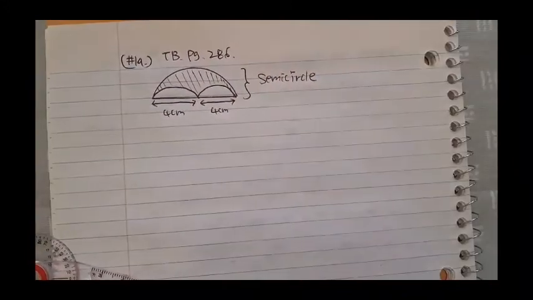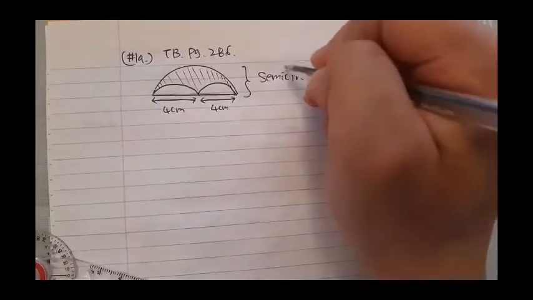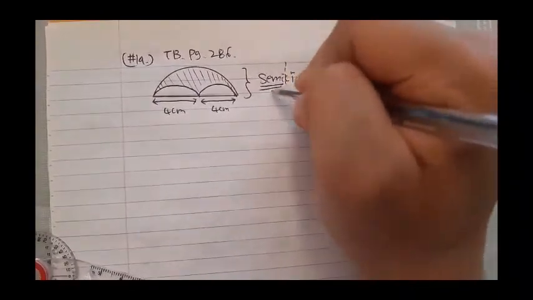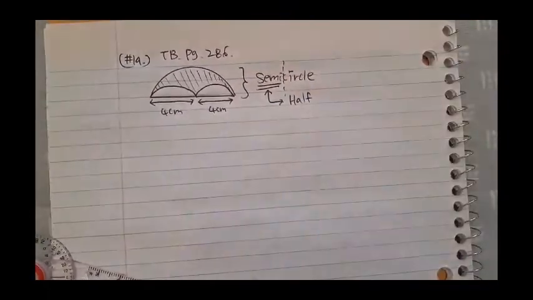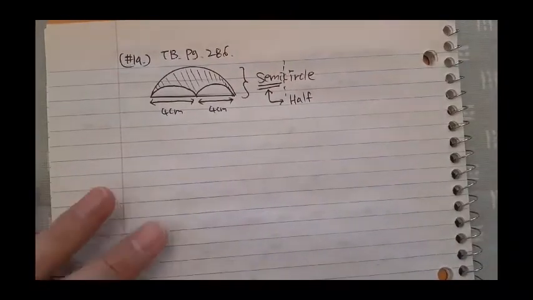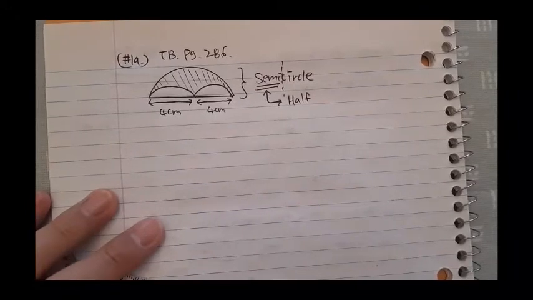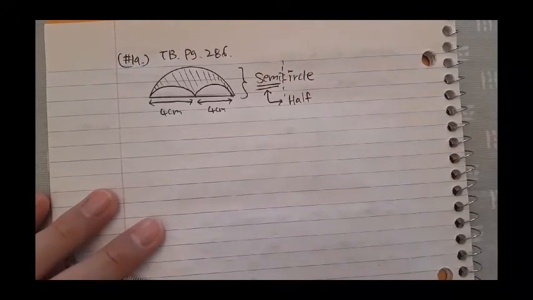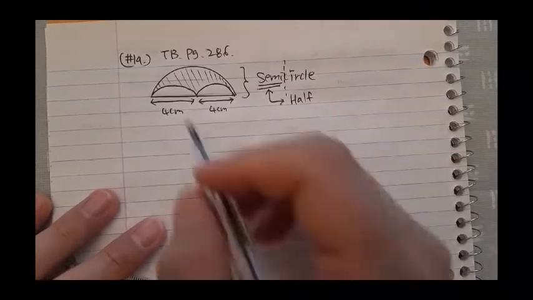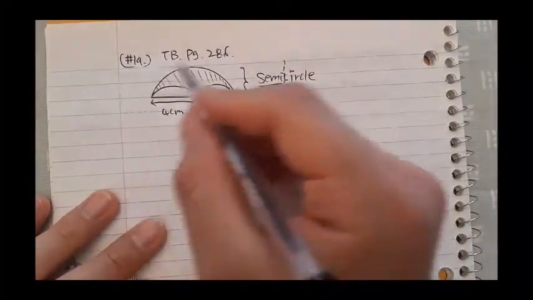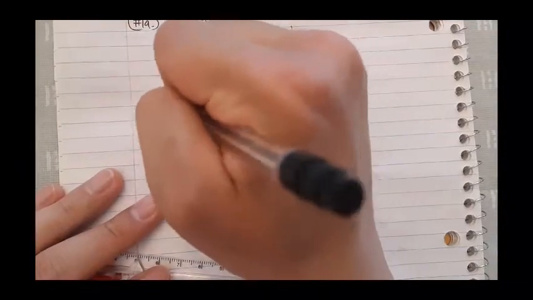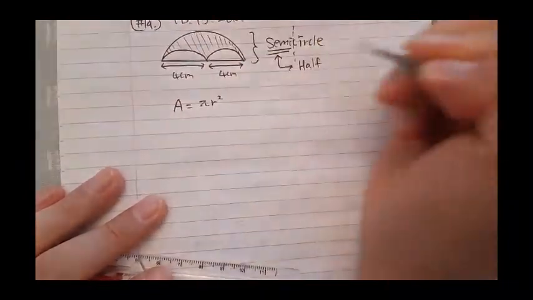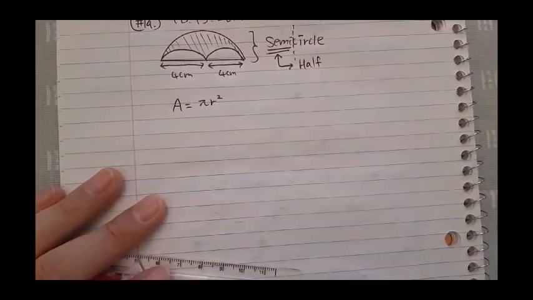Now let's talk about the semicircle first. The word semi means half. So you can consider a semicircle as a half circle. In terms of space, the space also becomes half because you occupy only half of the circle space. If you remember, area is pi r squared.